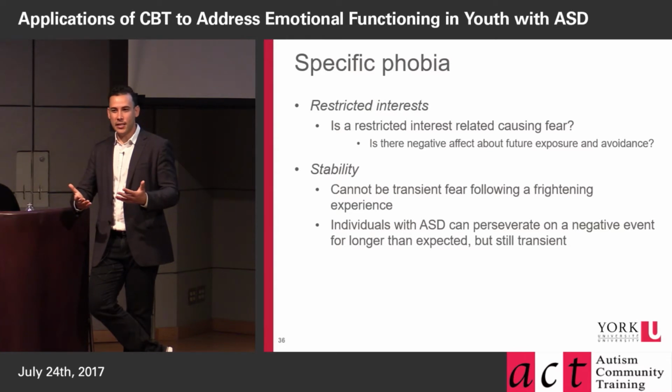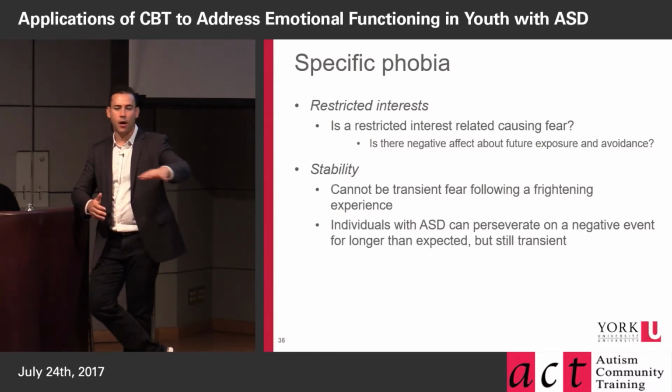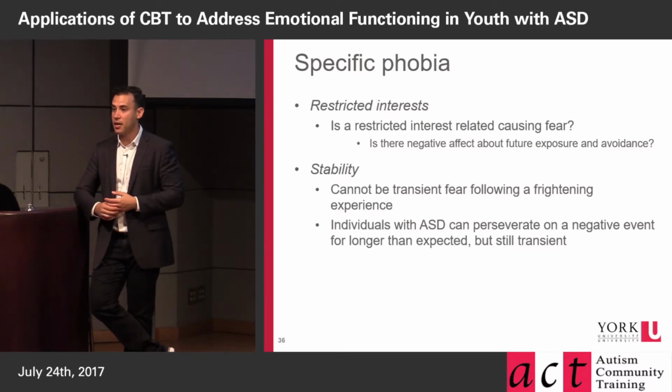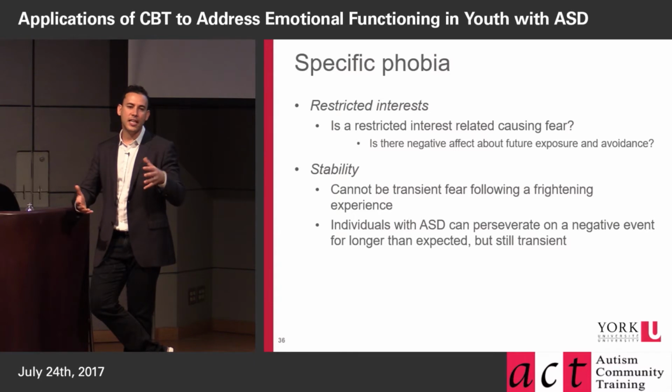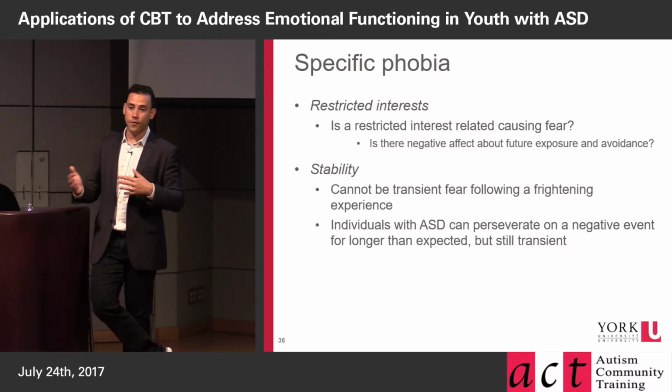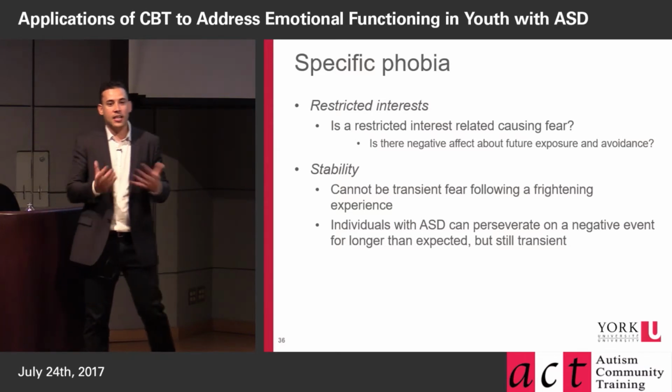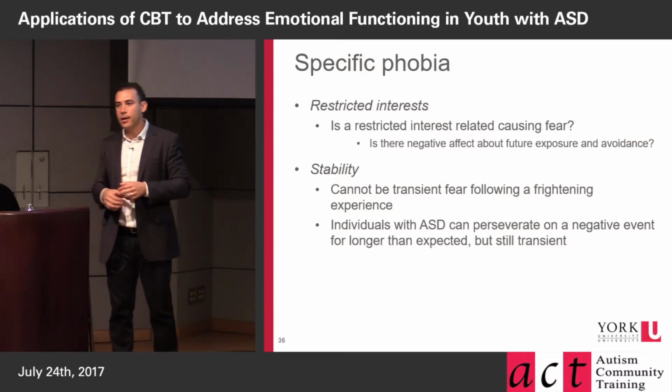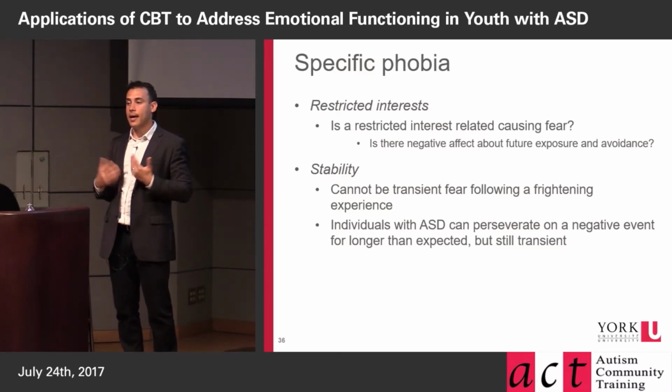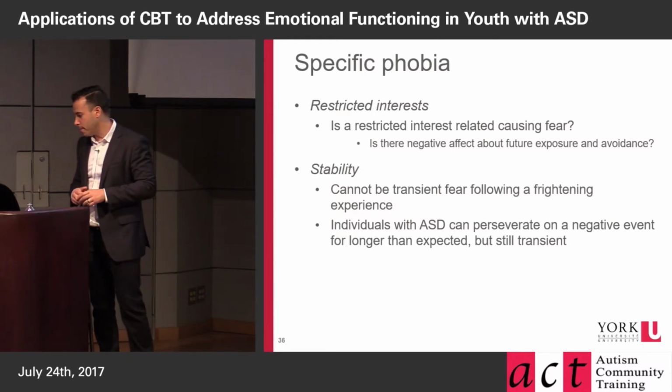Has it been consistent? Or are there times in the last 6 months where he's been totally fine when a dog's there? Or any dogs where he's gone and petted and been okay with that? Oh yeah, actually he sometimes feels scared of dogs, but other times, if he's well rested or if he's happy, then he doesn't have that fear response, okay? Then it might be something maladaptive, but again, not a specific phobia.